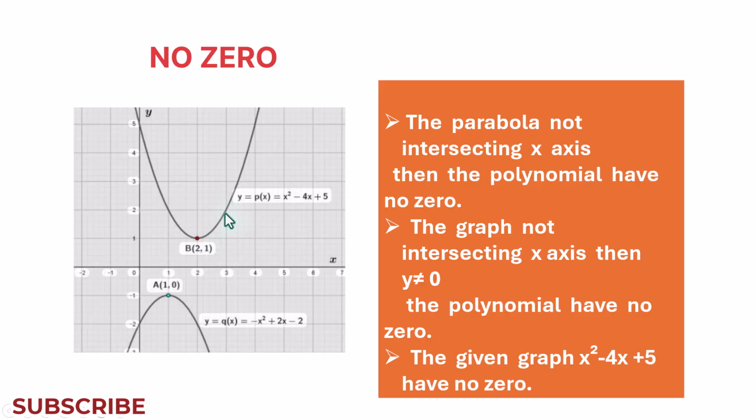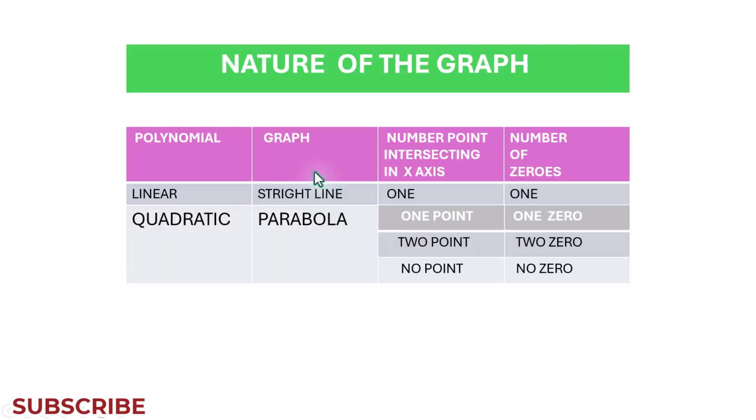If the parabola does not touch the x-axis, then the polynomial has no zero. To summarize the nature of the graph: a linear polynomial has a straight line graph and intersects the x-axis at only 1 point, so 1 zero. A quadratic polynomial has a parabola graph with 3 cases: 2 points, 1 point, or no point on the x-axis, meaning 2 zeros, 1 zero, or no zero.